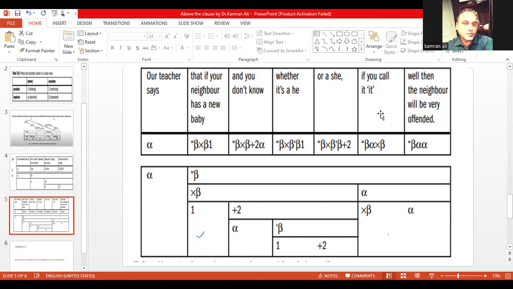This clause does have a dependent element, and it probably is also acting as a dominant clause for some other clause, right? Most likely this one. So this is how it's done.